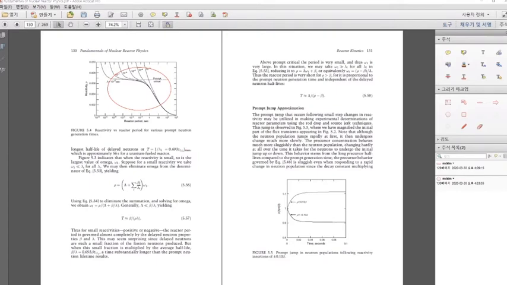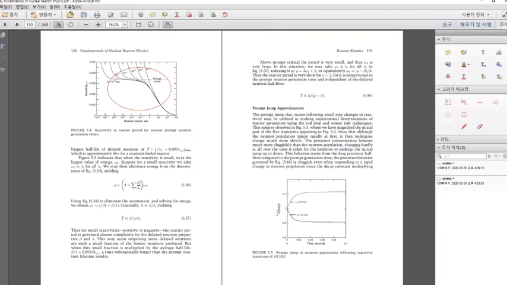Once again, in figure 5.5 the situation is exactly the same. We inserted plus or minus 0.1 beta of reactivity, and we can see that the reactor power suddenly increased.